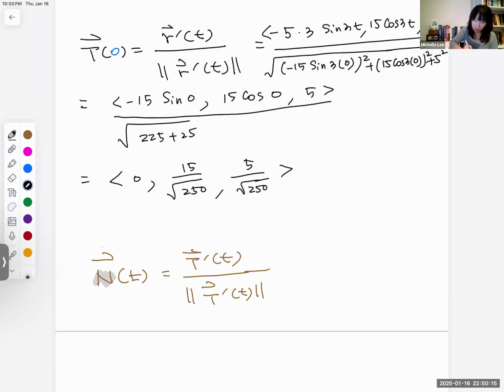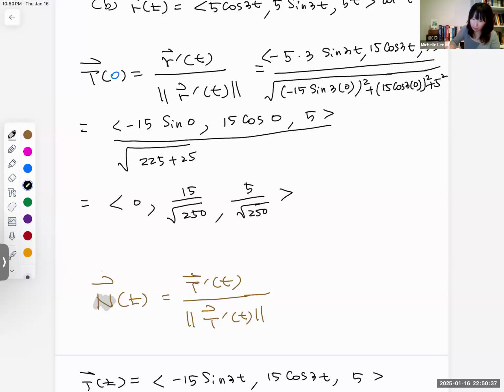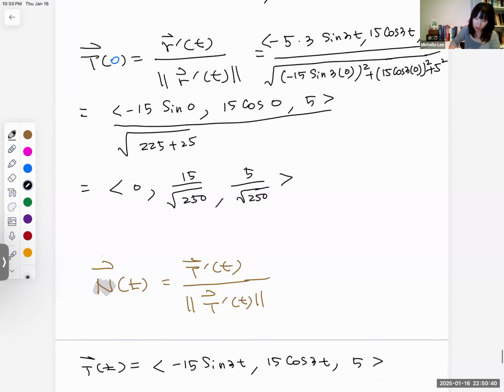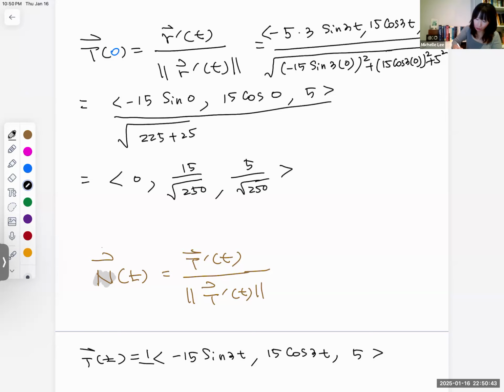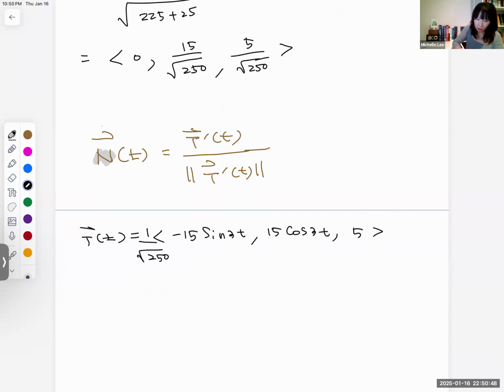So t will be negative 15 sine 3t and 15 cosine 3t and 5. Oh, that's the t, right? So 1 over square root of 250. Okay, so t prime over t.